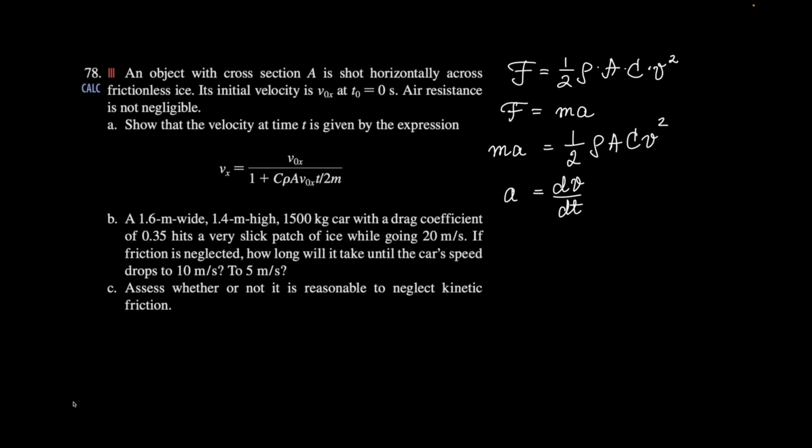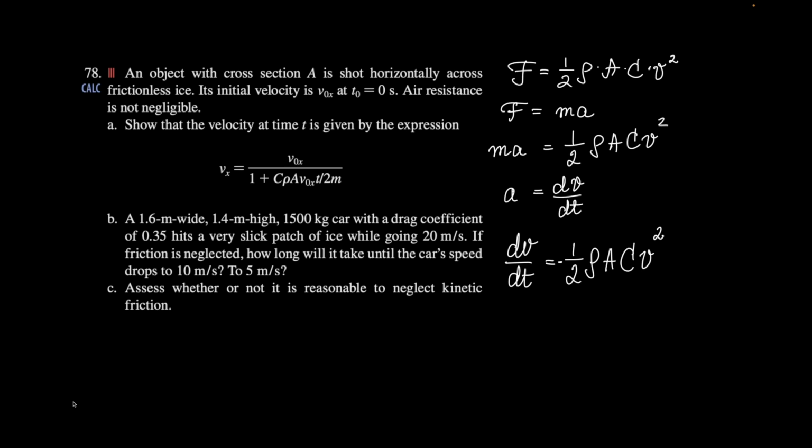Make sure we realize that our V and our A are opposite each other. So I have dv over dt equals 1/2 rho A C V squared, and the change of velocity is negative with time, so I need to put a minus in front of this.